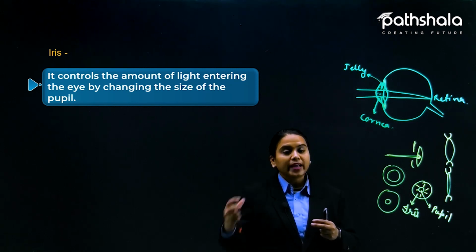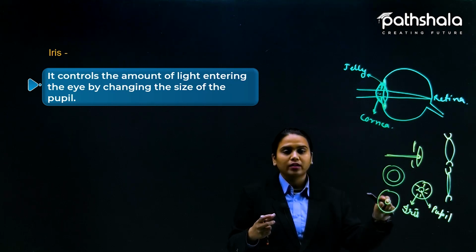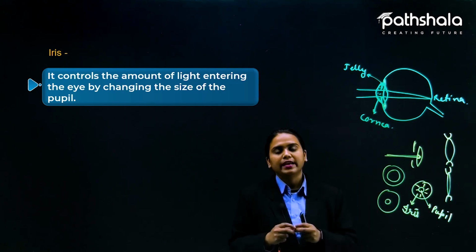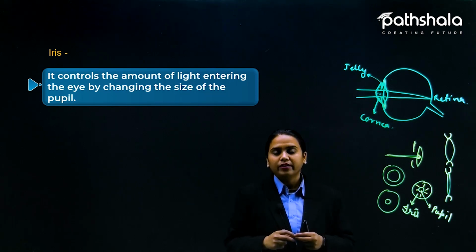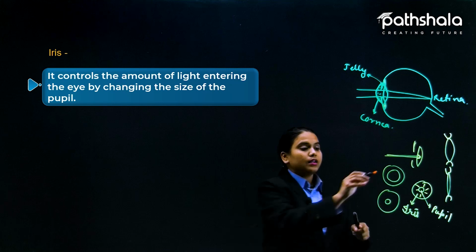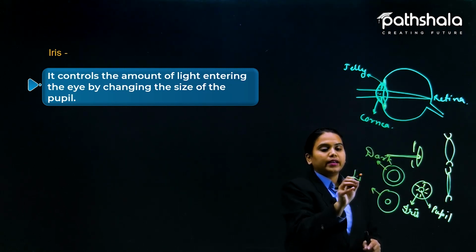To protect our eye, it closes the door itself, like closing the pupil space, so that a little amount of light enters through it. So this is for the dark and this is for the bright area.